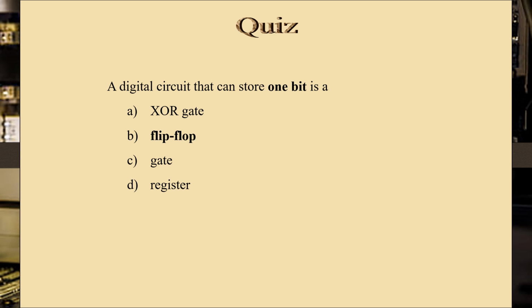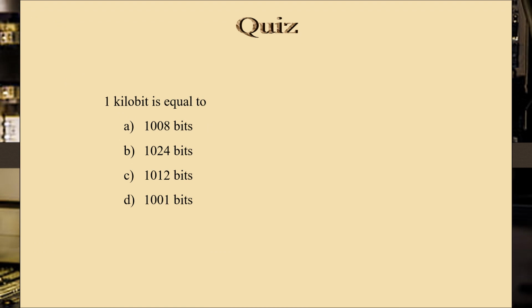A flip-flop is a storage device which can be used to store one bit at a time. 1 kilobyte is equal to 1024 bytes. 1 nibble is equal to 4 bits.